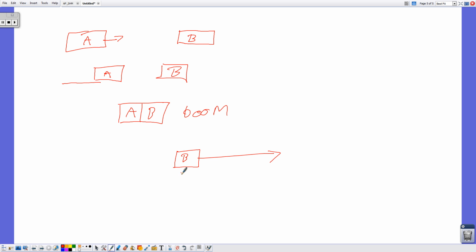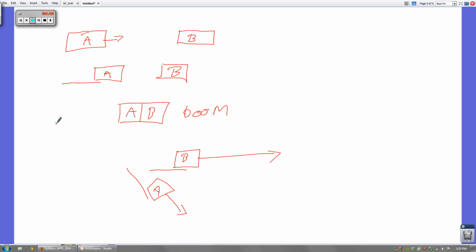Car B goes rocketing off. And car A goes rocketing off. Now that I have this picture drawn, what I just solved for is starting here, going here. If you draw a picture, it really, really helps.